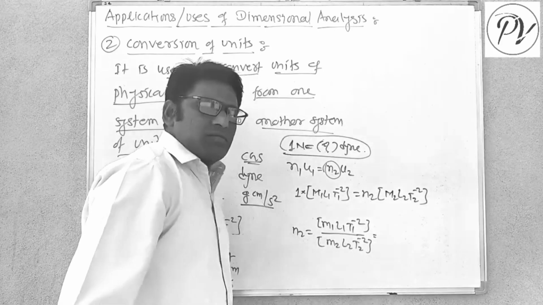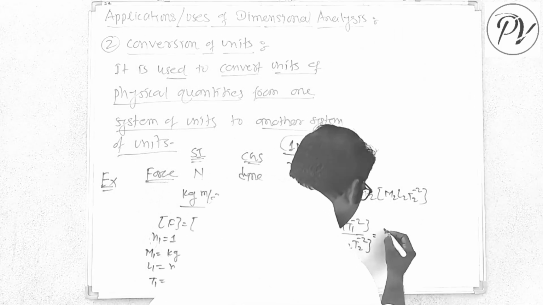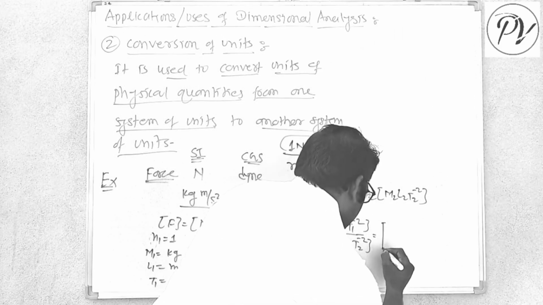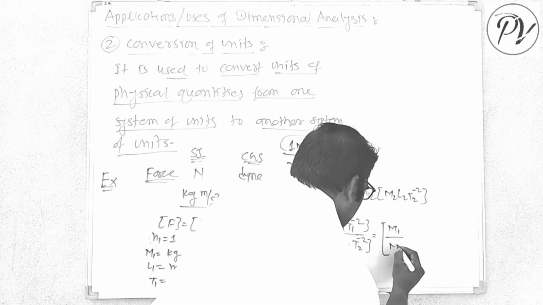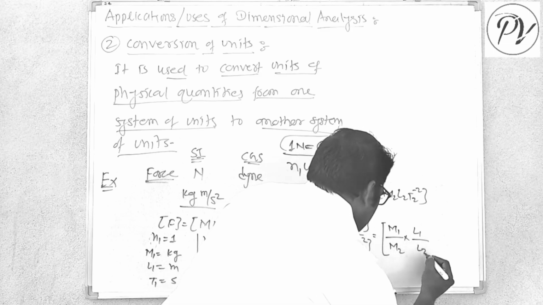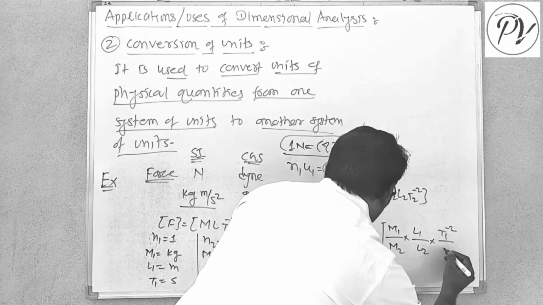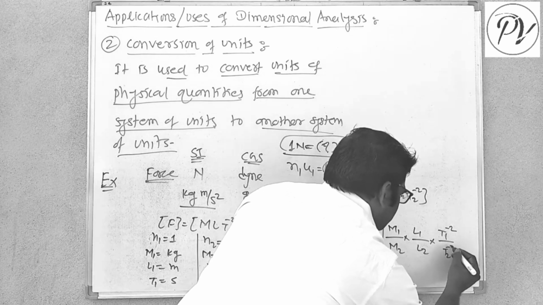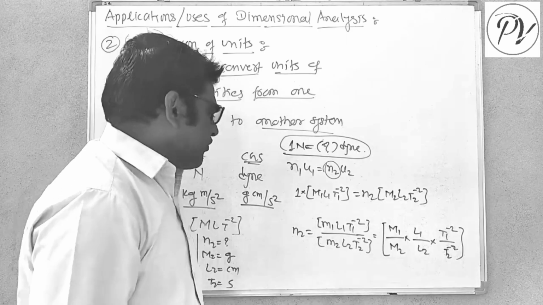Okay. Now look. We will separate this: M1 divided by M2, into L1 divided by L2, into T1 raised to minus 2, T2 raised to minus 2. Okay. Now look. M1 is what?